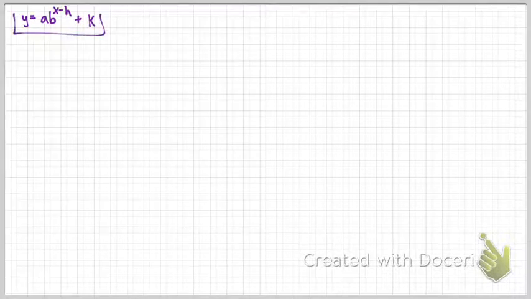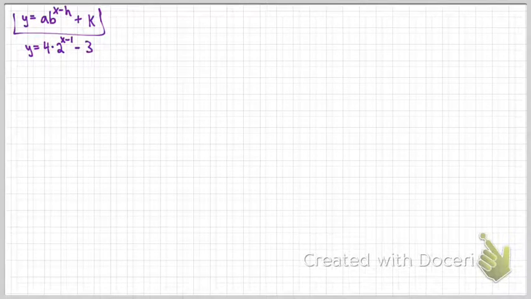So having this function, giving example number 3, you have y is equal to 4 times 2 to the x minus 1 minus 3. So your vertex will be that 1, negative 3.